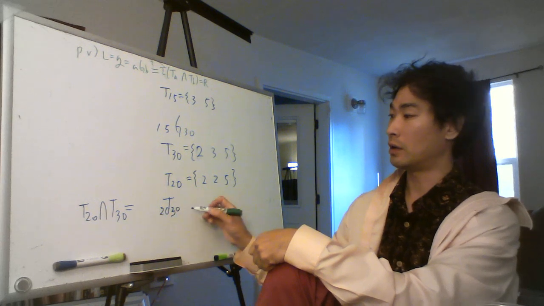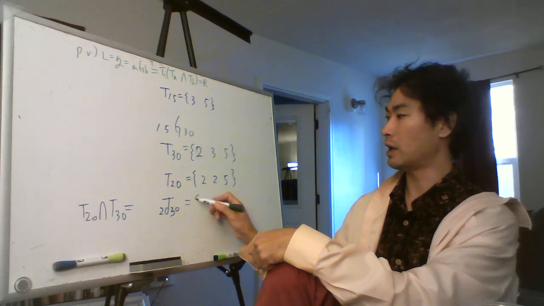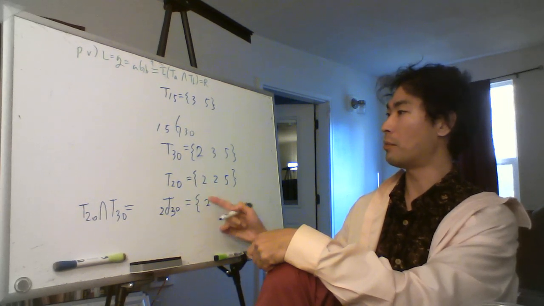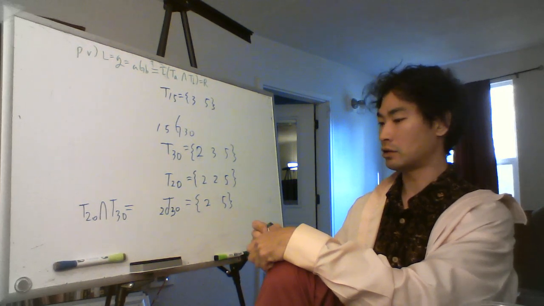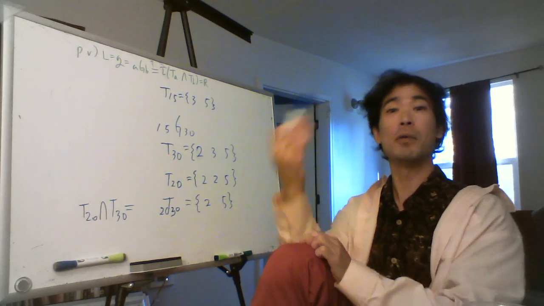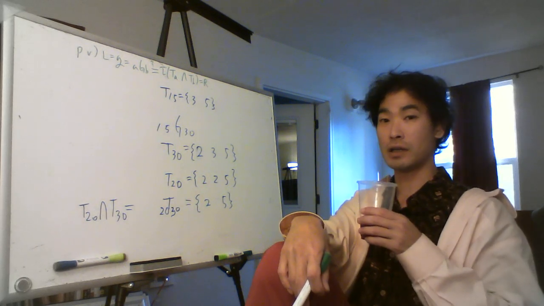So we'll make a shortcut notation like this. What is that? It's a common prime factor set, just like you have a divisor set and a common divisor set, right? It's the same concept.